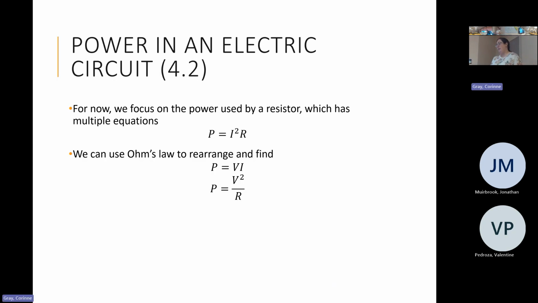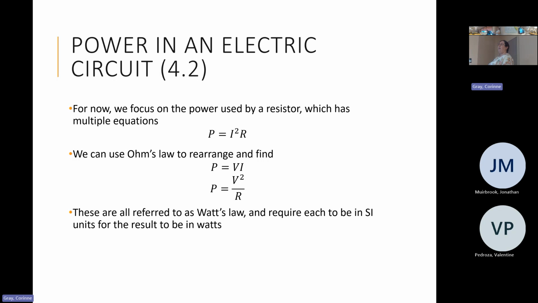So here I have power is equal to voltage times current, or voltage squared divided by resistance. All three of these are equally referred to as Watt's law, and they require everything to be in SI technically to have it pop out in watts.